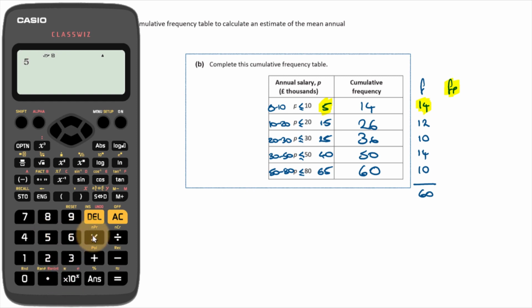So 14 times 5 comes out to be 70. 15 times 12, that's 180. 25 times 10 is 250. 40 times 14 comes out to be 560, and 65 times 10, that's 650.